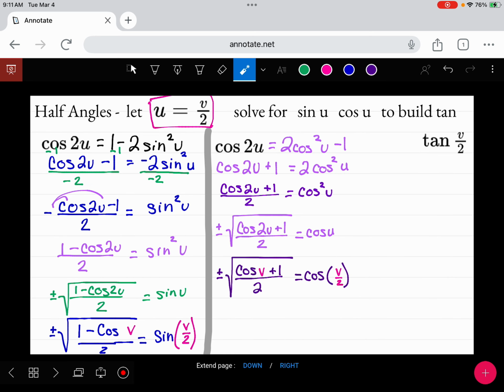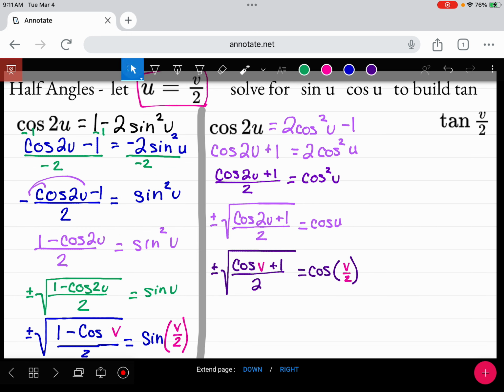For tangent, well, I've got sine. I've got cosine. Let's not start from scratch. I've got sine of v over 2. I've got cosine of v over 2. We're going to use them to build tangent, not go back to the double angle.